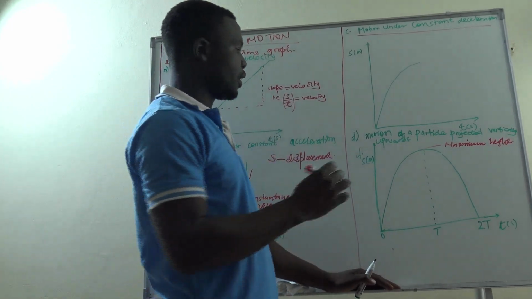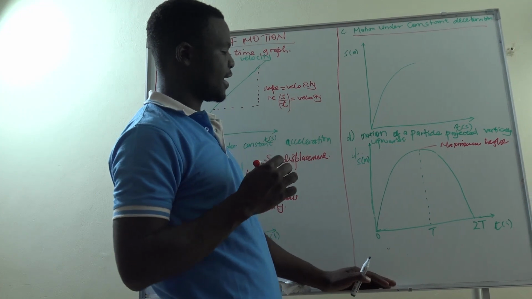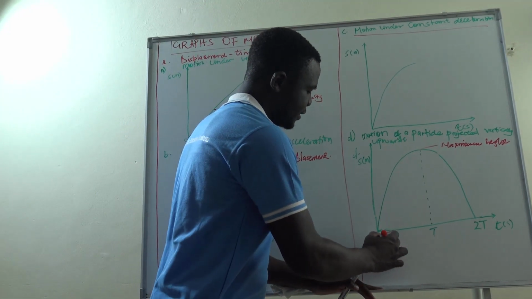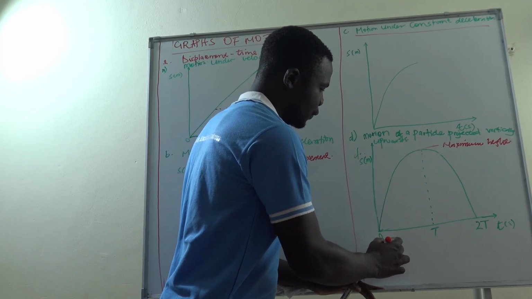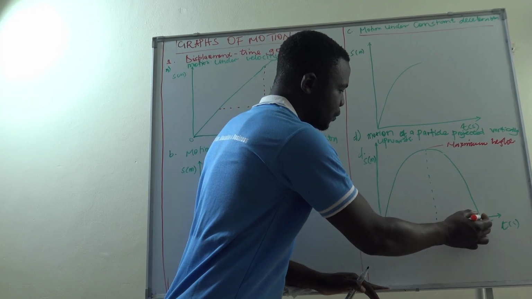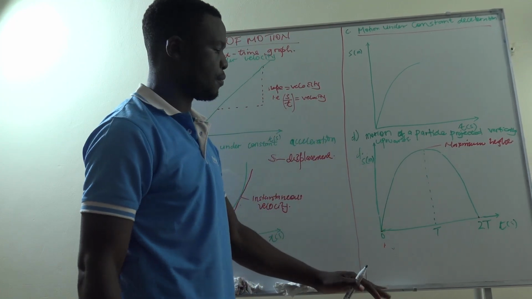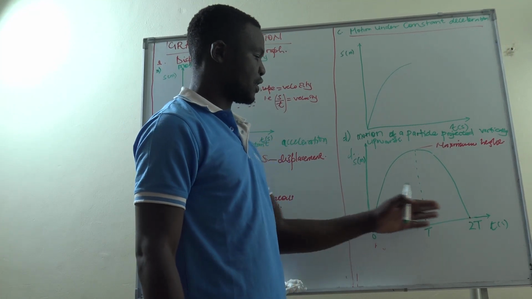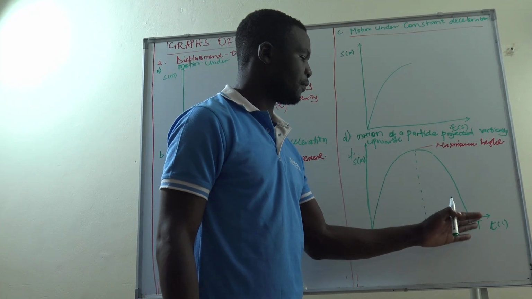Now why do we call it maximum height? It is the highest point reached by this particle, and the time taken to move from the point of projection up to the same horizontal level as the point of projection is called time of flight.